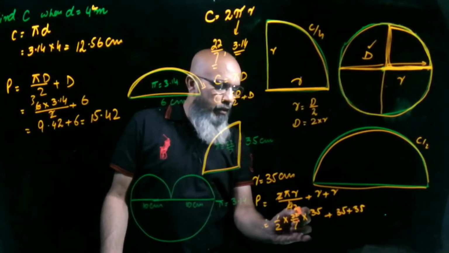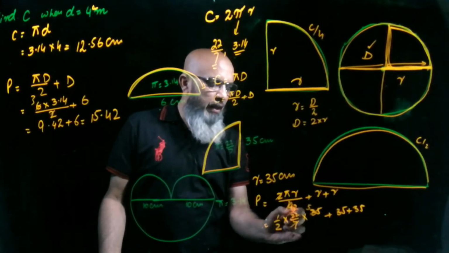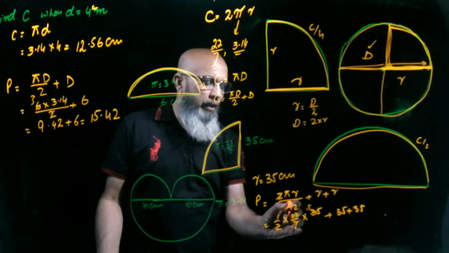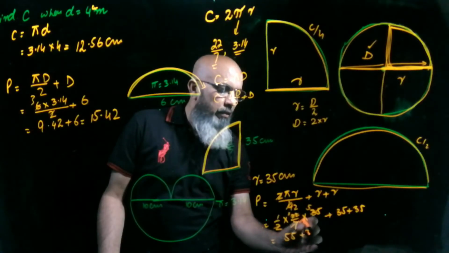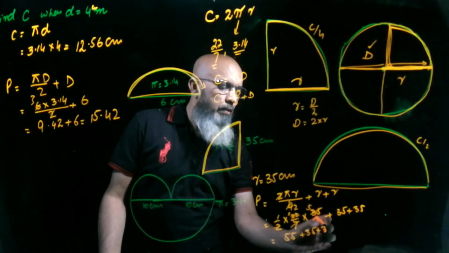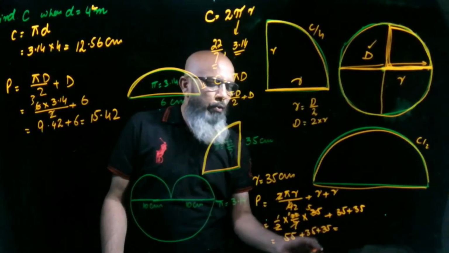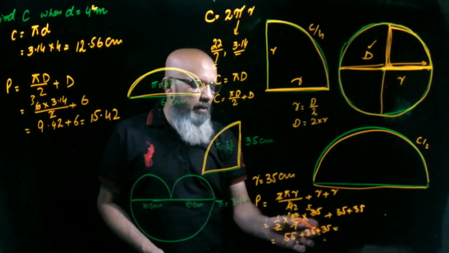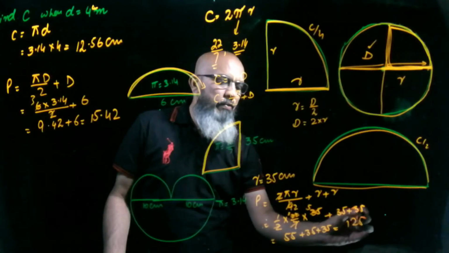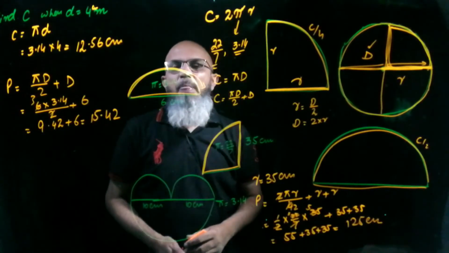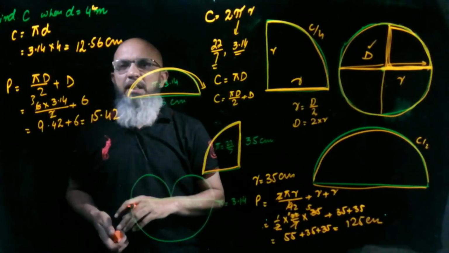Okay, you can cancel 7 5s are 35 and 2 11s are 22, so 11 5s are 55, plus 35, plus 35. You can add it very easily. 35 plus 35 is 70, plus 55 is 125 centimeter, the perimeter of this shape.